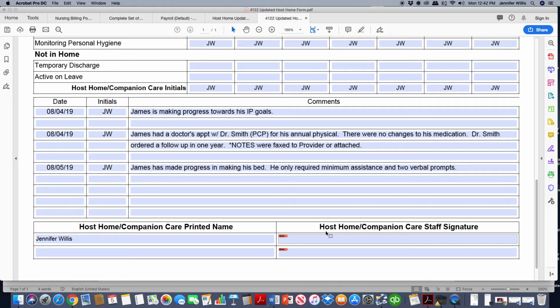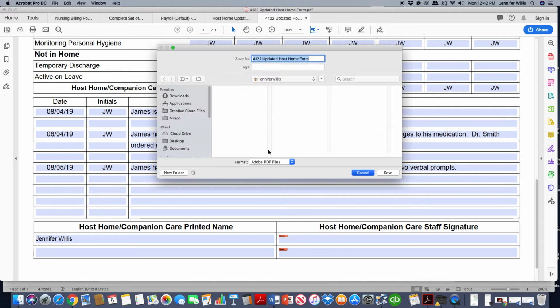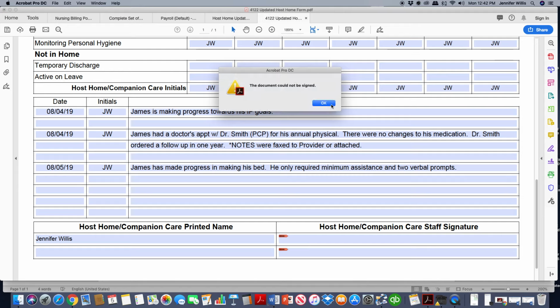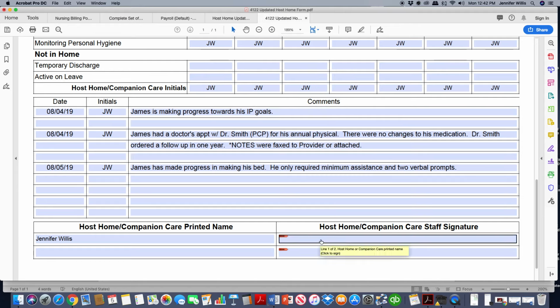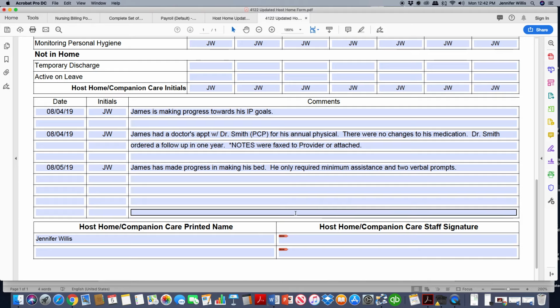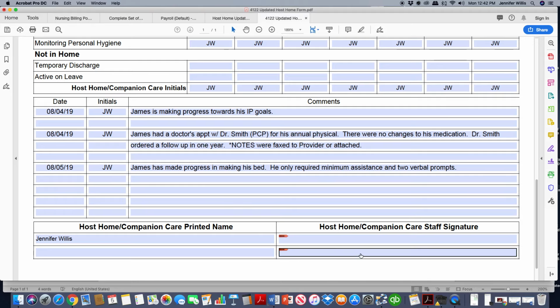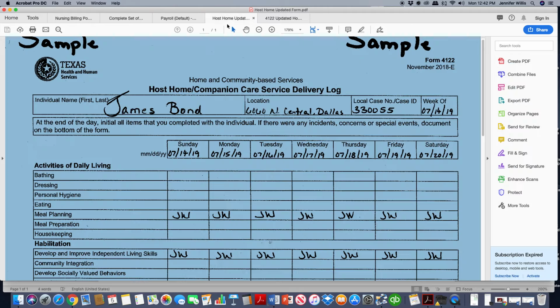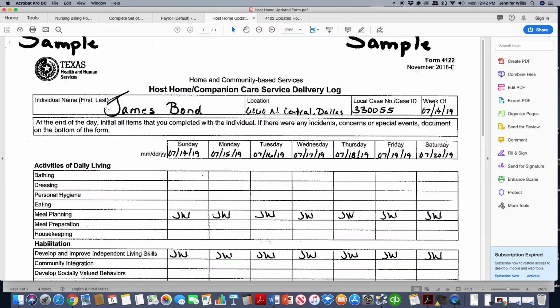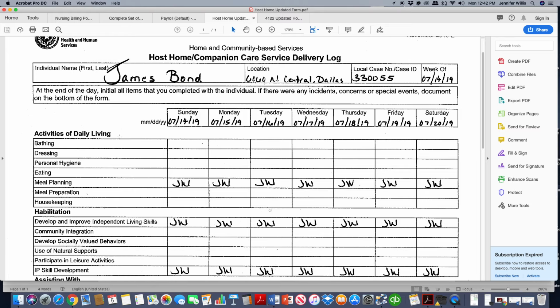It's asking me a bunch of stuff. If you've got yours set up, then it will sign it digitally. For other individuals, it is still the same. If you want to do this by hand, this is written out for us as well, and you can still do this by hand. It's the same thing.